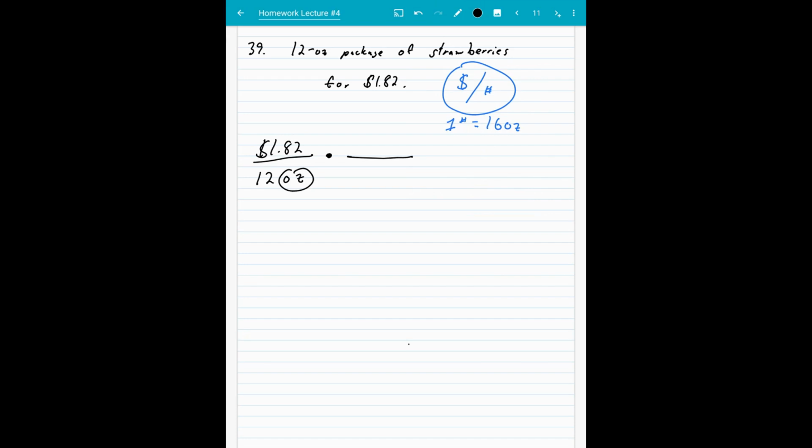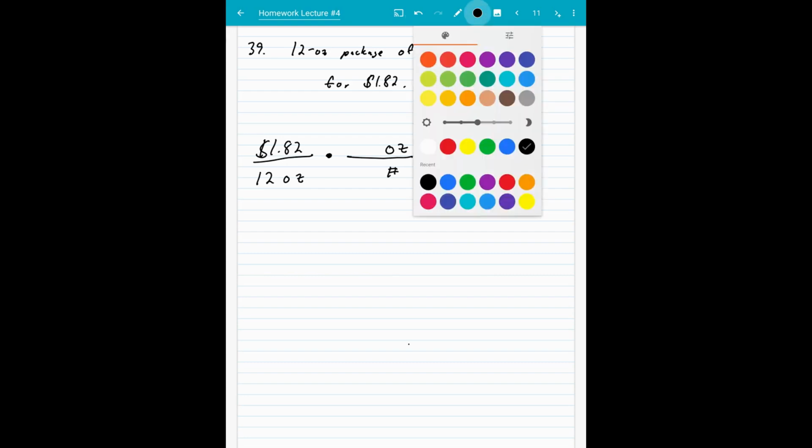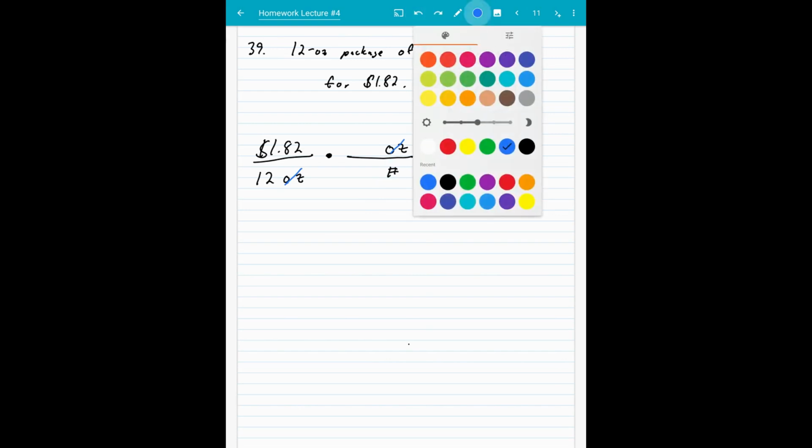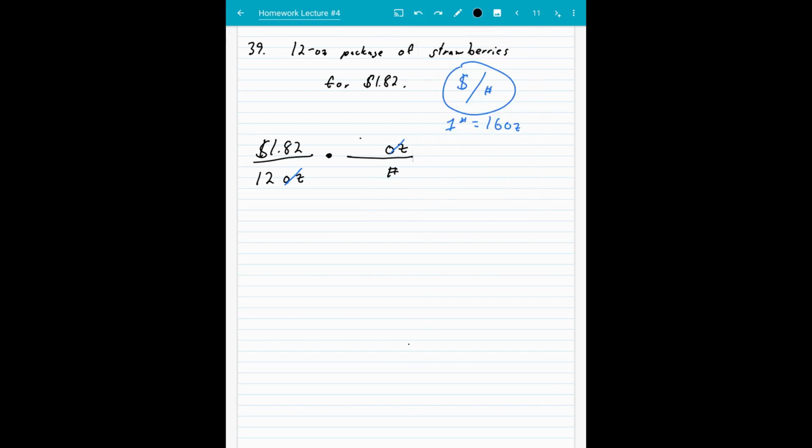Ounces is on the bottom in this instance. So to get rid of ounces, we need to put ounces up on top. The pounds would then go on the bottom. Because ounces will disappear because they're dividing, you'll be left with pounds on the bottom. So put 16 ounces and 1 pound on the bottom, and you can go ahead and multiply across.